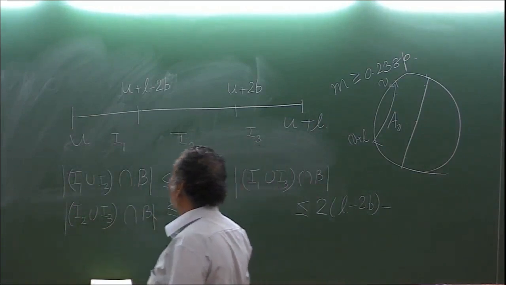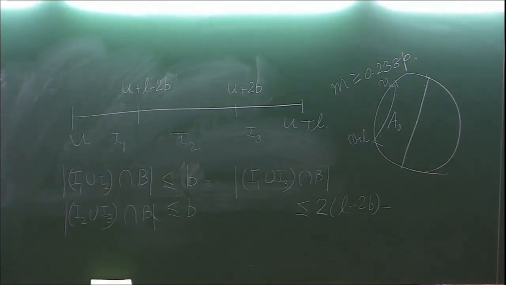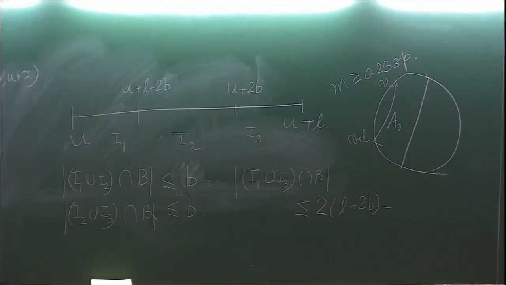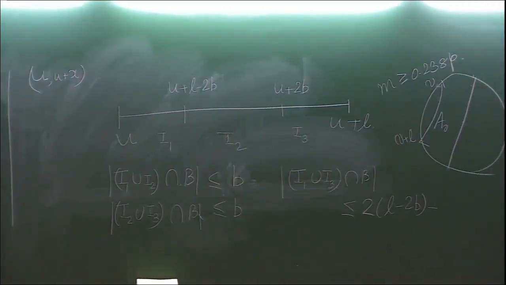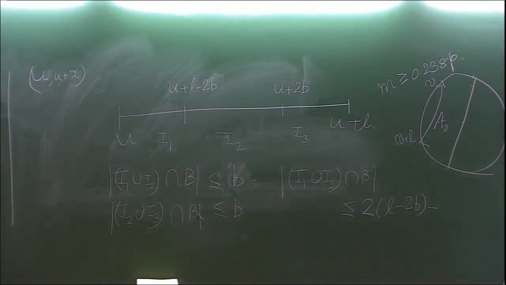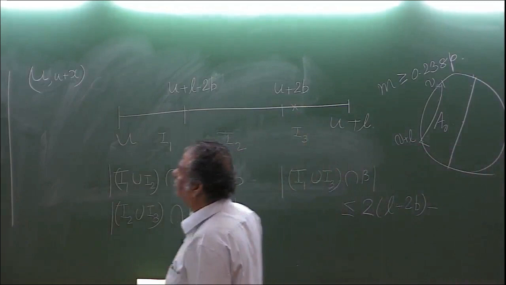I will tell you which elements are to be excluded. You look at u and u plus x. U and u plus x both cannot be there because x is in B. And this x being bigger than 2b, this u plus x will come and sit in I3.